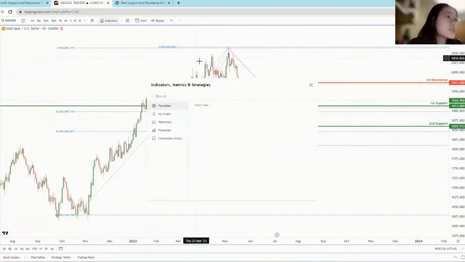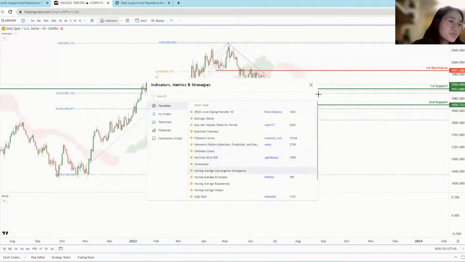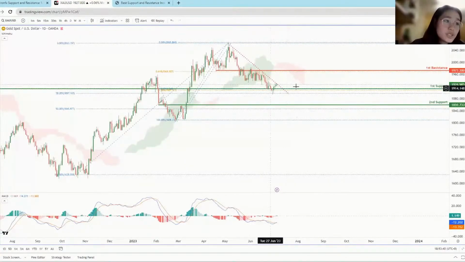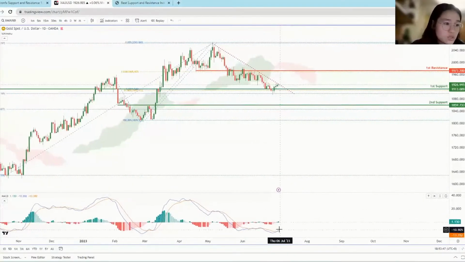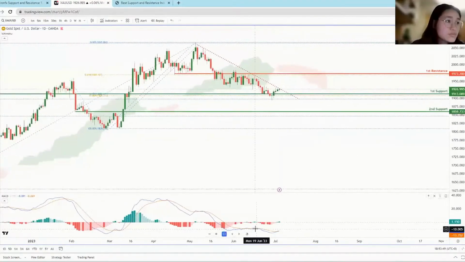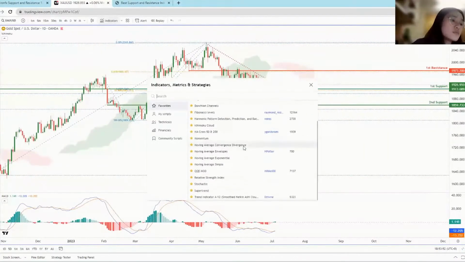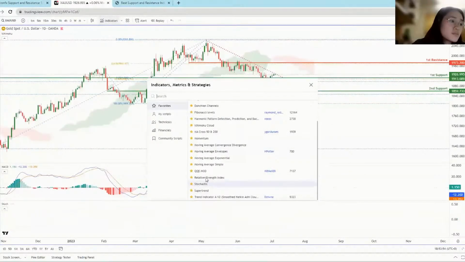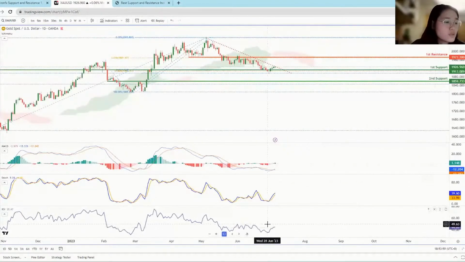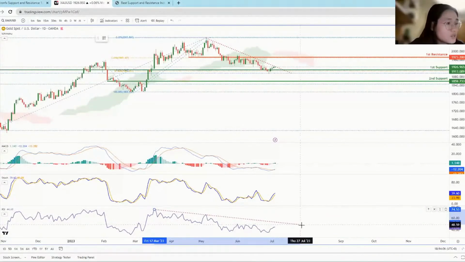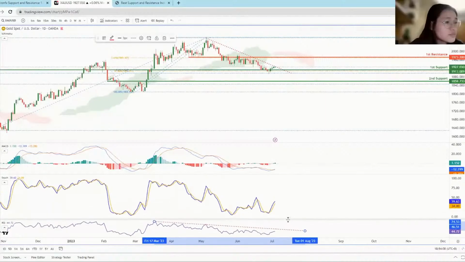Okay, now let's go in with some indicators. Price is moving below the Ichimoku cloud, giving us a bearish signal. MACD is giving us a bullish signal. Okay, so on our RSI, price is moving in a descending trend line.